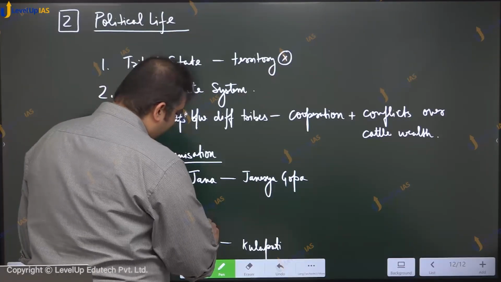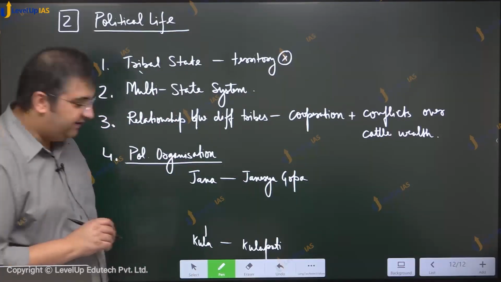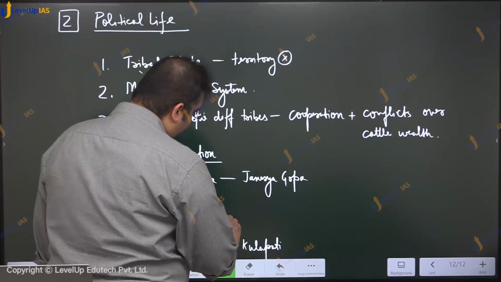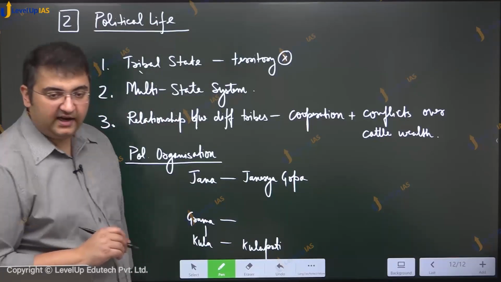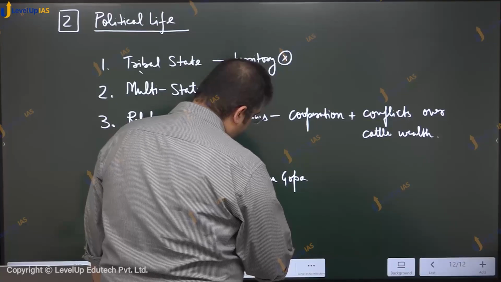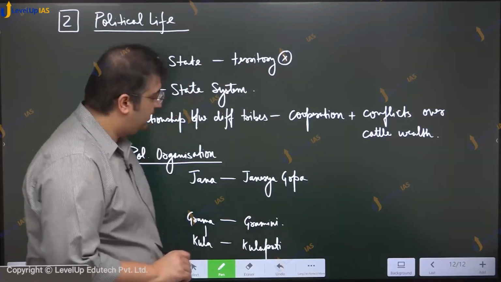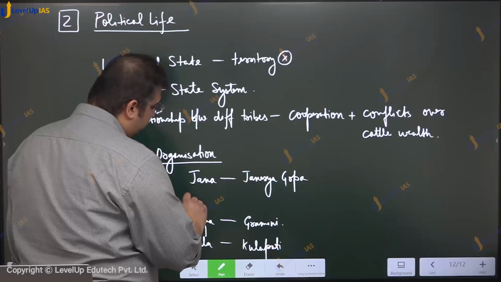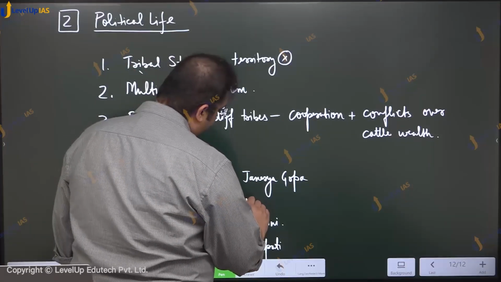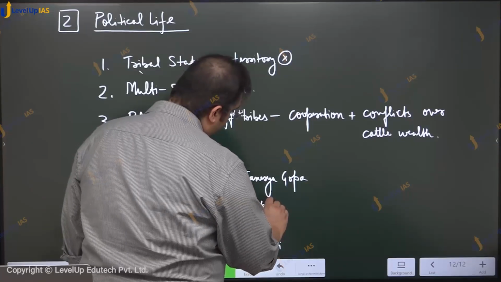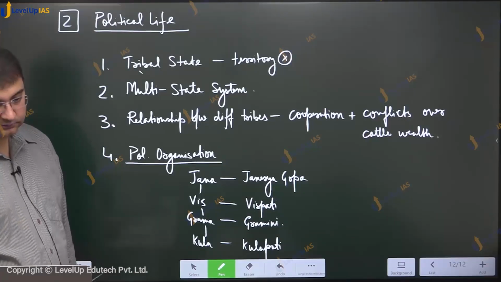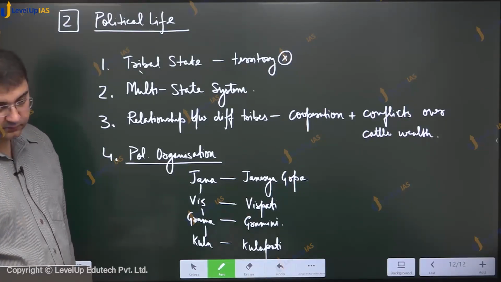A collection of families inhabited a particular village known as gram, led by the village headman known as the gramini. A collection of villages was known as vis, led by a vispati. Okay?